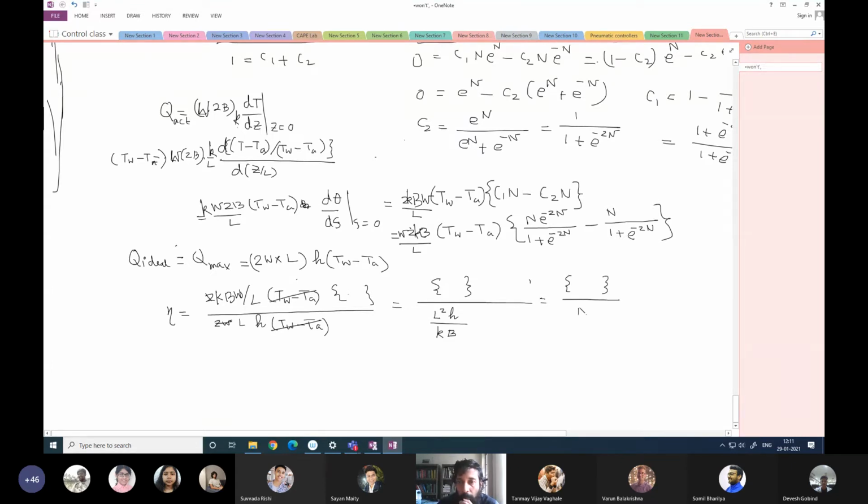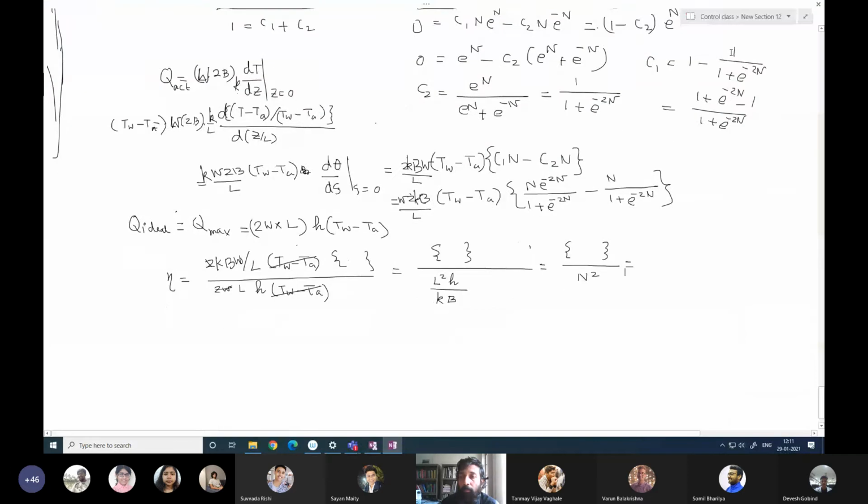divided by n square. So n square, this n cancels, and it becomes e to the power minus 2n minus 1 divided by 1 plus e to the power minus 2n divided by n.